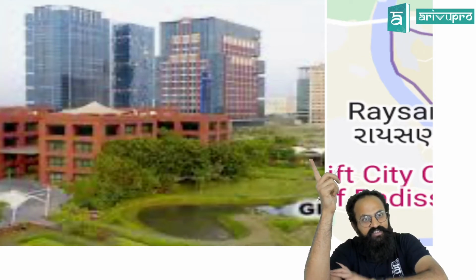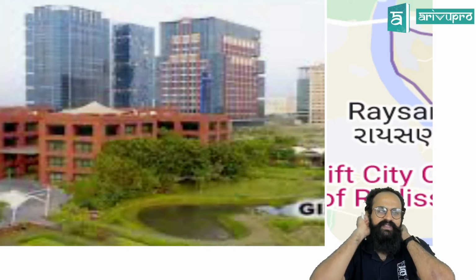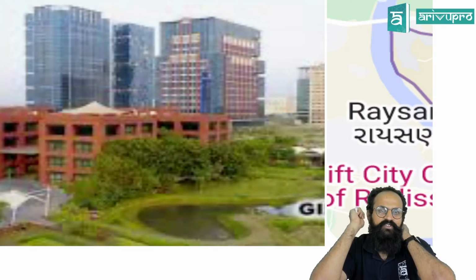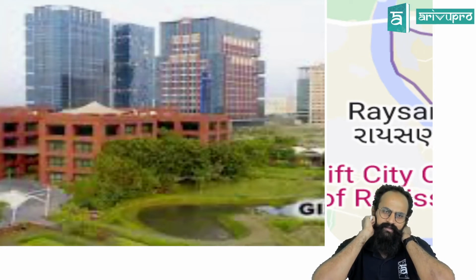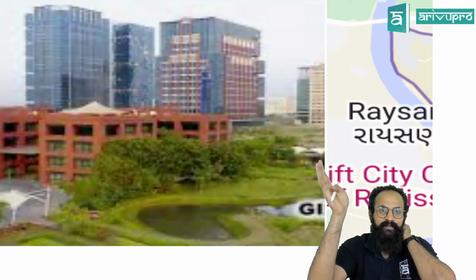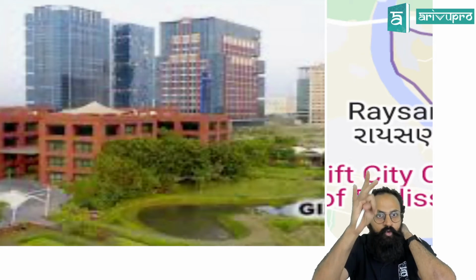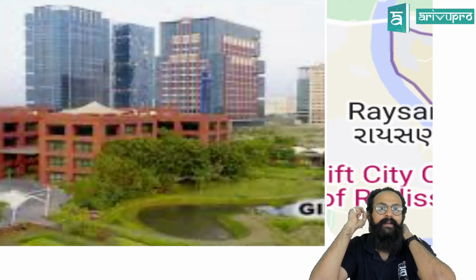More than 200 companies are set up in this building. They're telling you whichever company is set up in IFSC will be called a foreign company only. So if an Indian is investing in a company situated here, it is still treated as ODI or financial commitment or OPI, as the case may be. Is that clear?